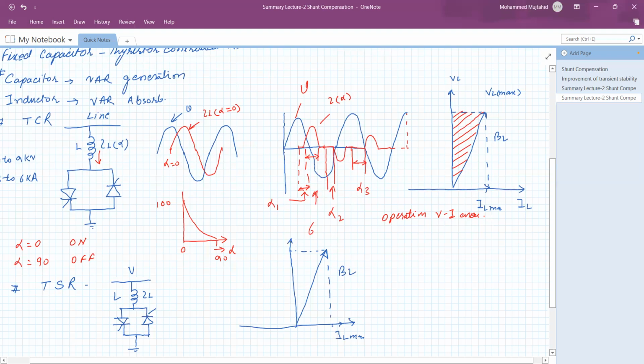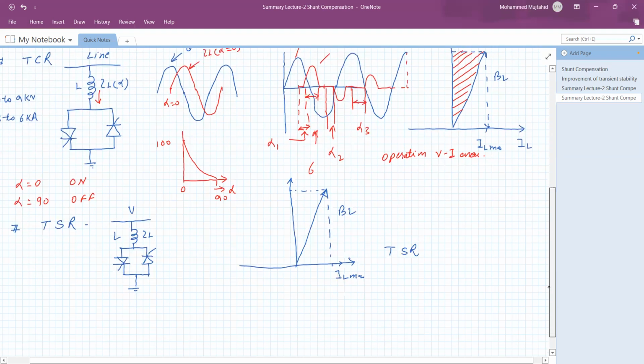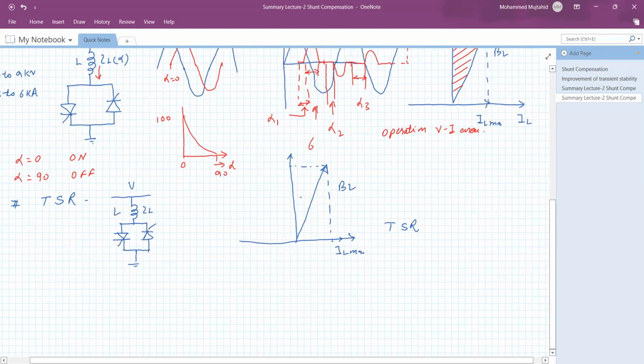So it is not shown by some area represented here. It is simply a thyristor switched reactor, because either it is going to conduct the current or it will be off. So this is the second case.